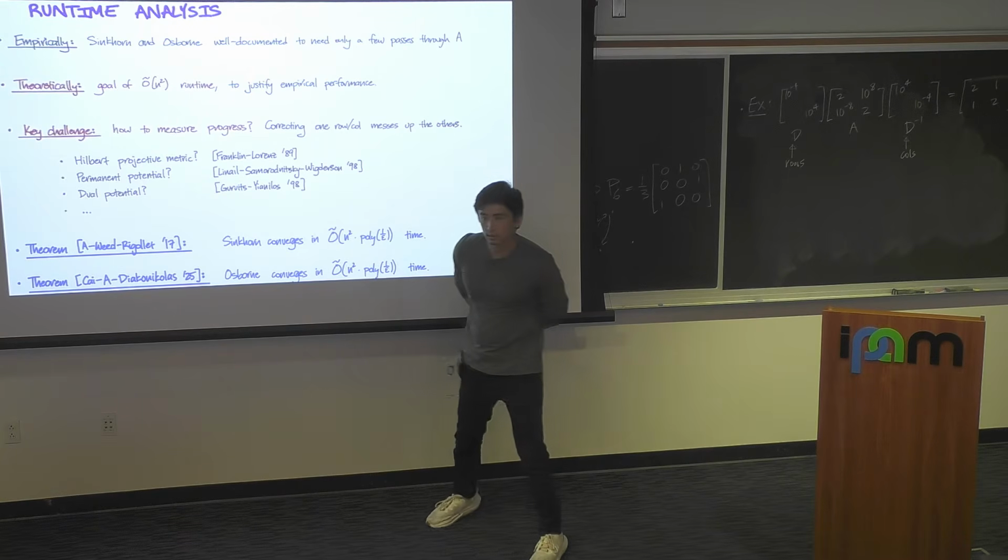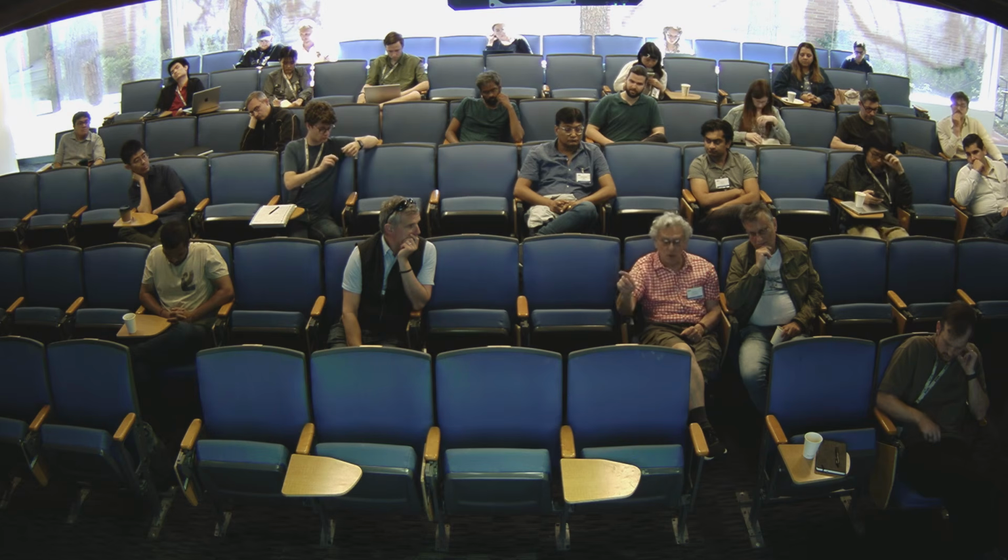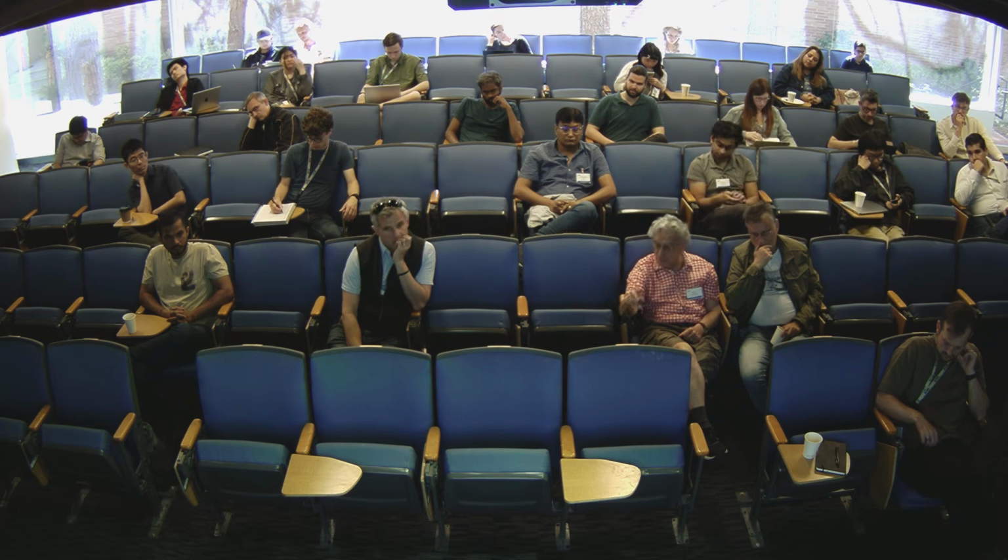So maybe I can answer your question. You see, classically, if you take a flow algorithm, it's O(n cubed log n), and here's this O(n squared). That's a main difference. But the second remark is in the dual formulation, you have a concave function because you maximize. In the dual formulation, it's the maximum of a concave function.